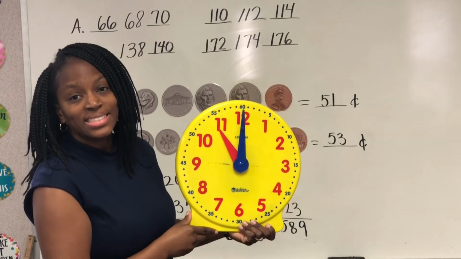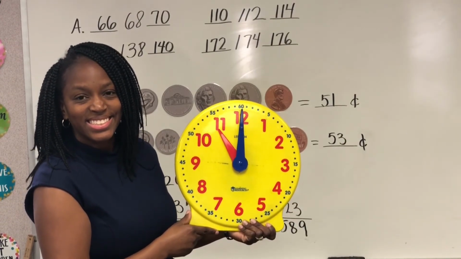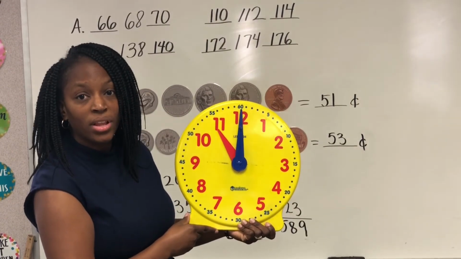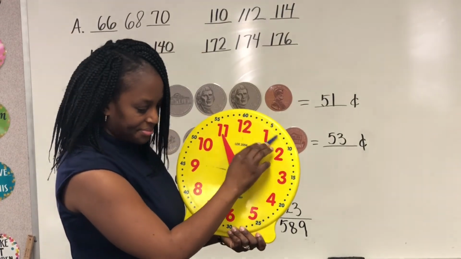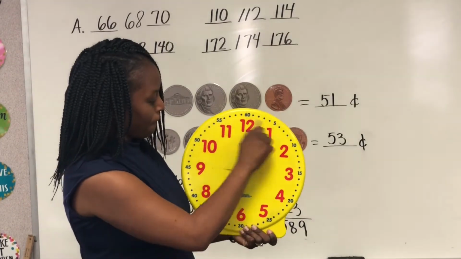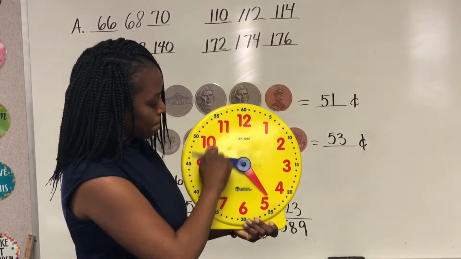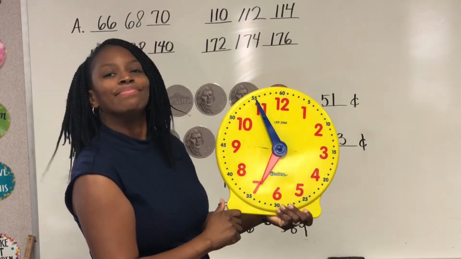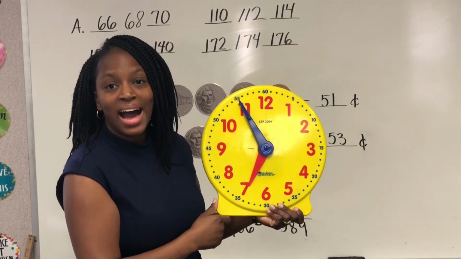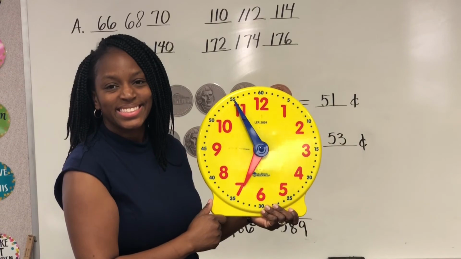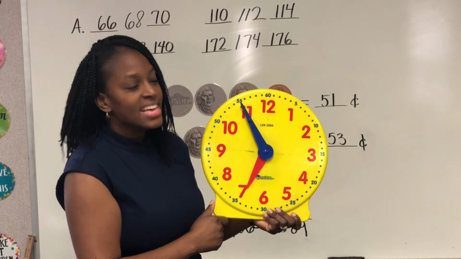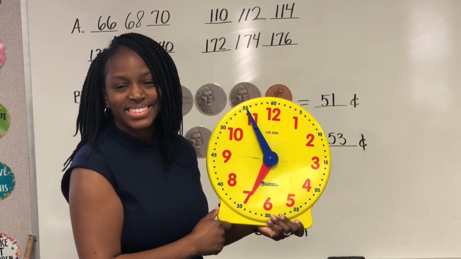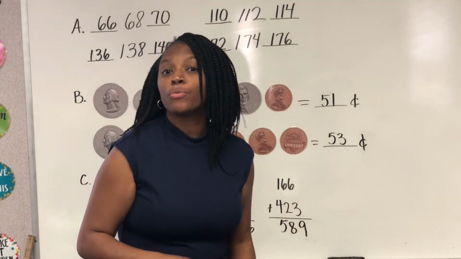Boys and girls, what time is it? The time is 11 o'clock. Boys and girls, what time is it? The time is 6:55. All right, boys and girls, thank you for reviewing our time.